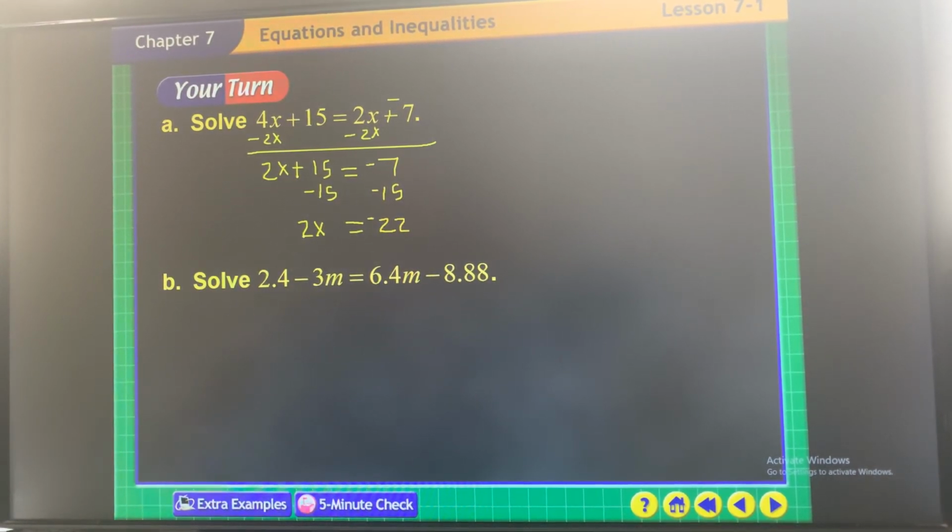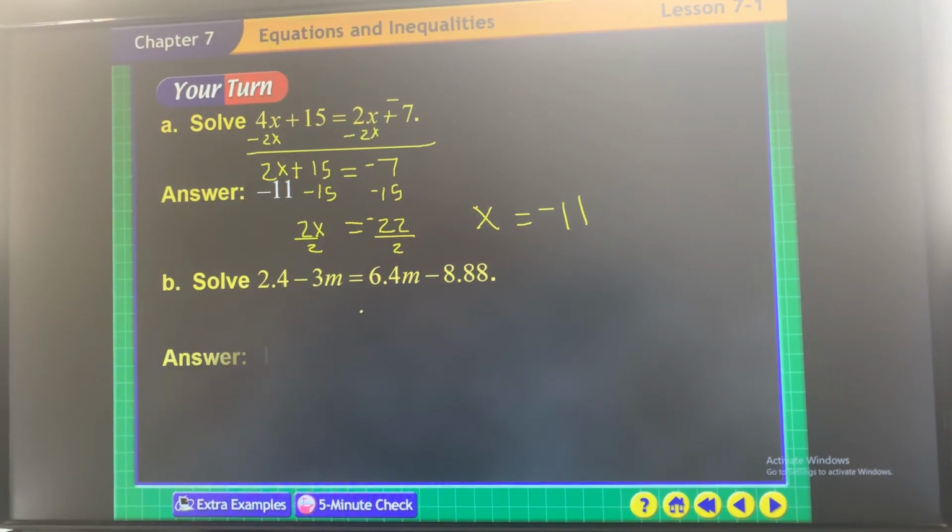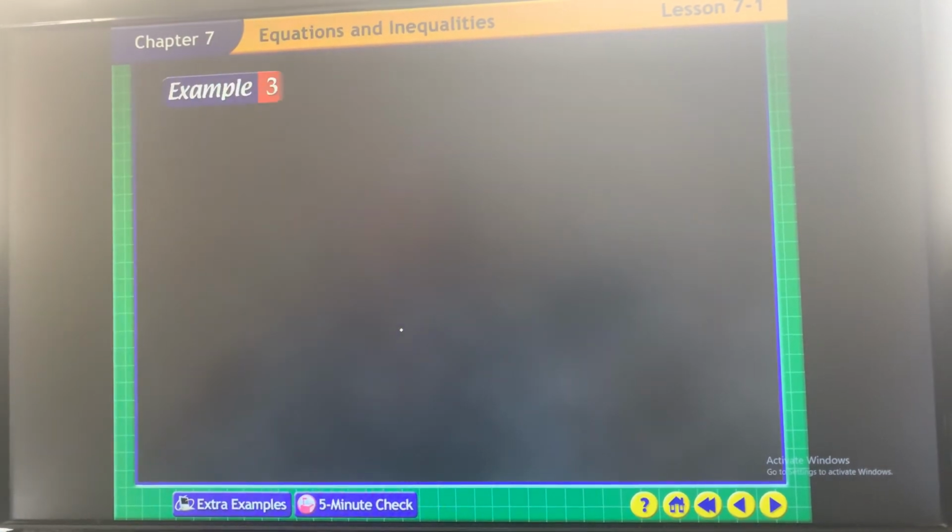Divide both sides by 2. And that's where x is equal to -11. And of course, check it. Now this one, go ahead and work with the decimal first and then decide if you need to multiply through to get your solution of 1 2/10.